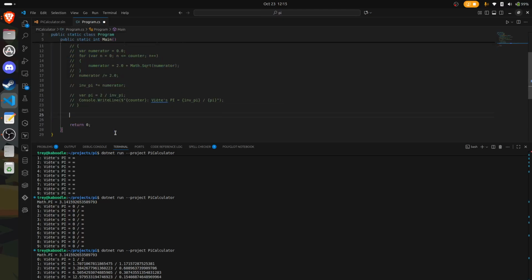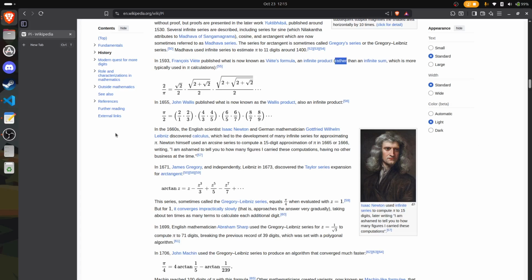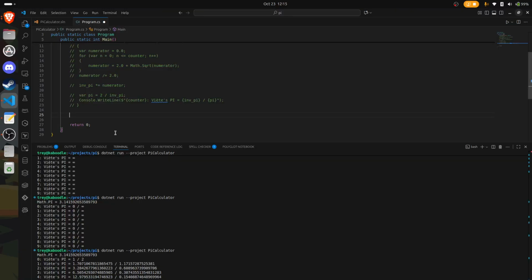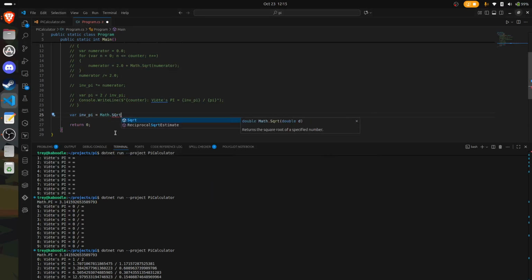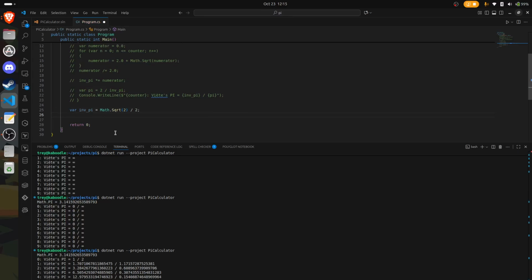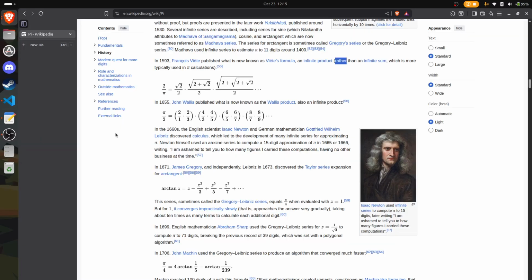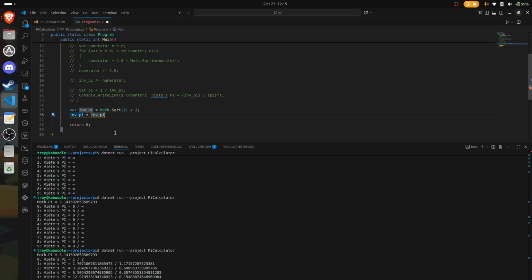Do this manually, and then we'll figure out how to improve it. The problem is that numerator.